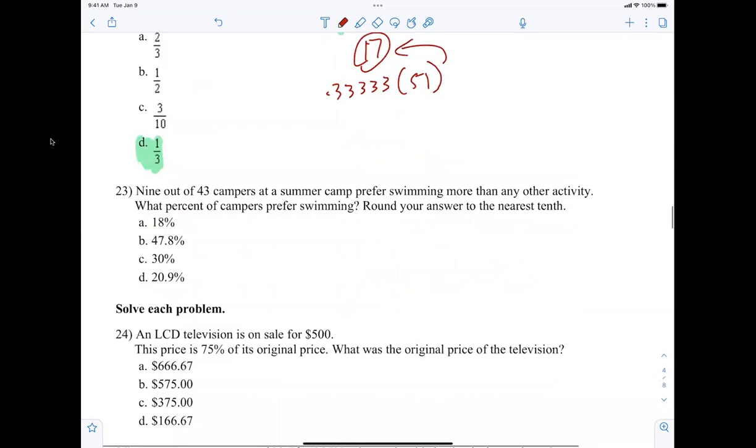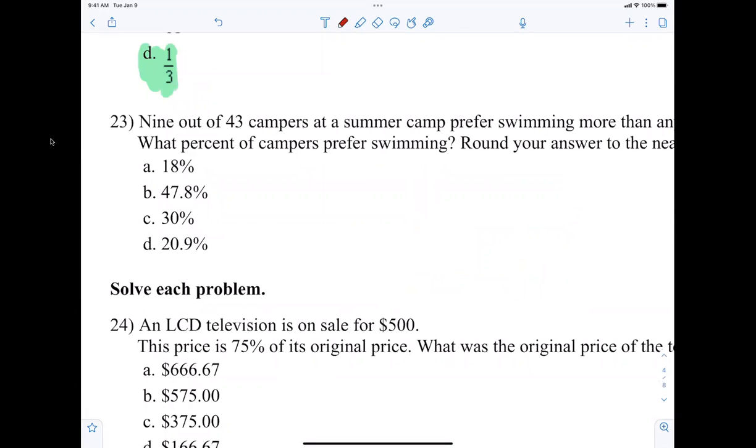Now, again, right here, literally 9 out of 43. That literally means 9 out of 43. So use your handy dandy calculator. 9 divided by 43 is what? Is it 20.9? Yeah. Is everybody happy with that?